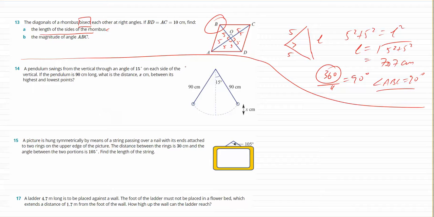A pendulum swings from vertical at angle 15 degrees on each side of the vertical. If the pendulum is 90 centimeters long, what is the distance x between its highest and lowest points? So we've got an isosceles triangle going on here, and we want to find the distance between the highest and lowest points.